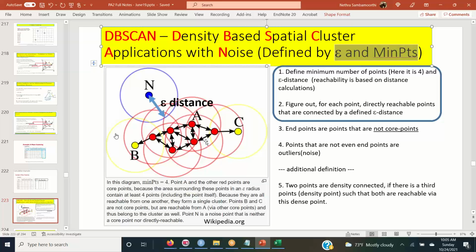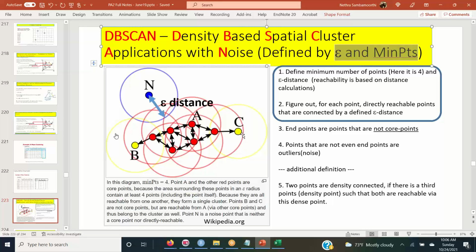Okay, if it doesn't have any point other than the point itself, that is called noise. If it has the condition that it should contain 4 points, then it is an interior point. But as I move away from that, it will contain at least 1 point, but not the minimum number of points. Then it is the outer point.